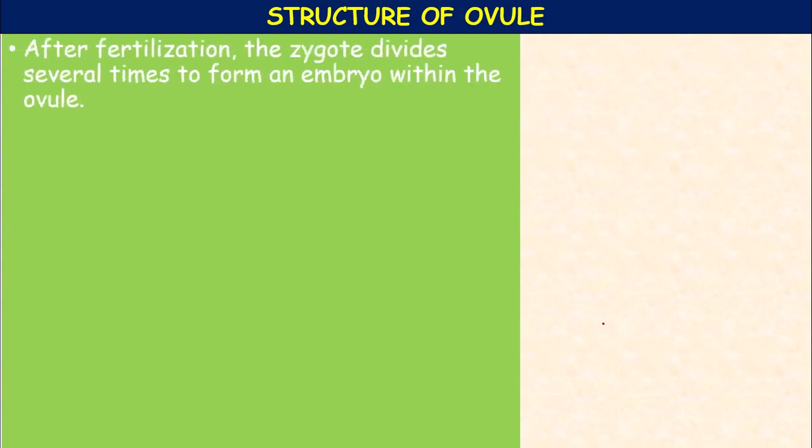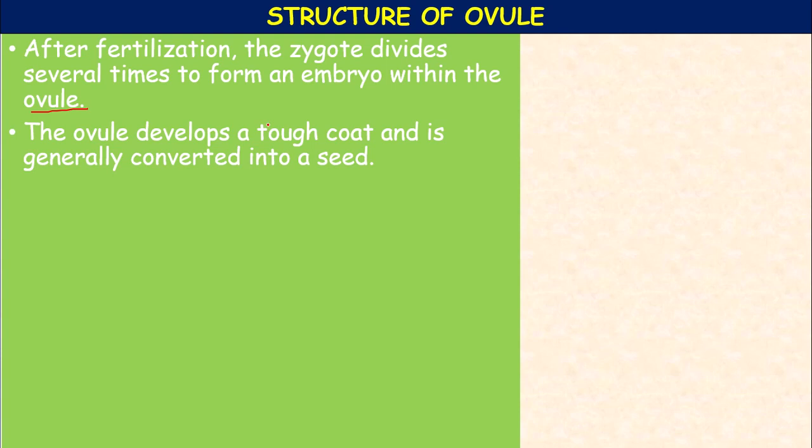Next, after fertilization, form an embryo within the ovule.